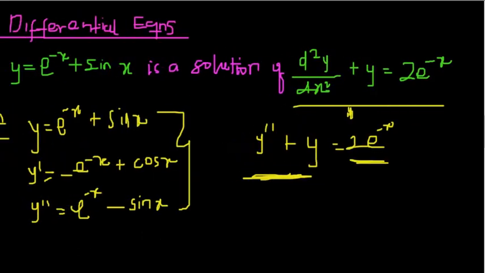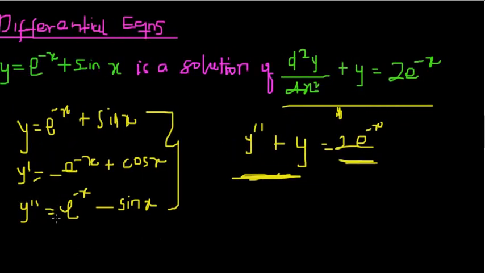So we have y prime prime is this. Just substitute this in place of the whole of this. So we have e exponent minus x, minus sine x. The entire of this represents y prime prime.